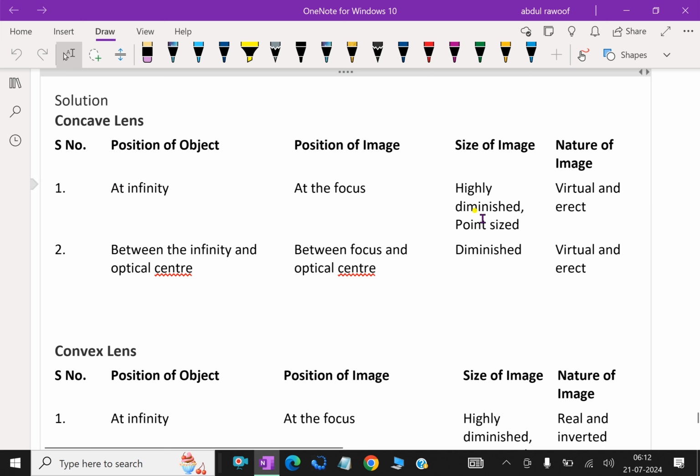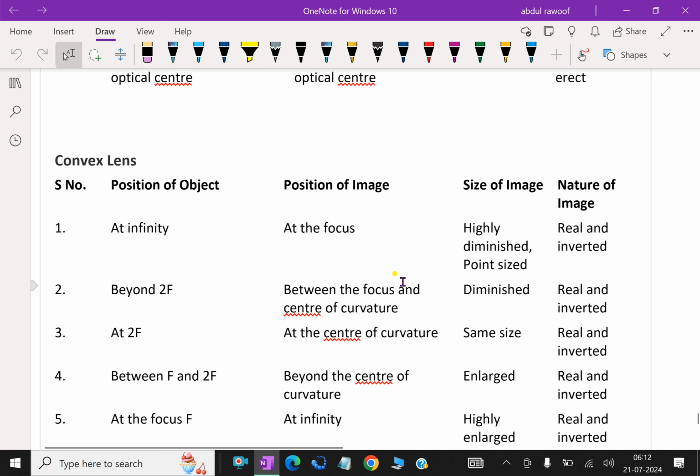Size of the image is highly diminished, point sized, and nature of the image is virtual and erect. Next, between infinity and optical center, that is between focus and optical center: diminished, virtual and erect.